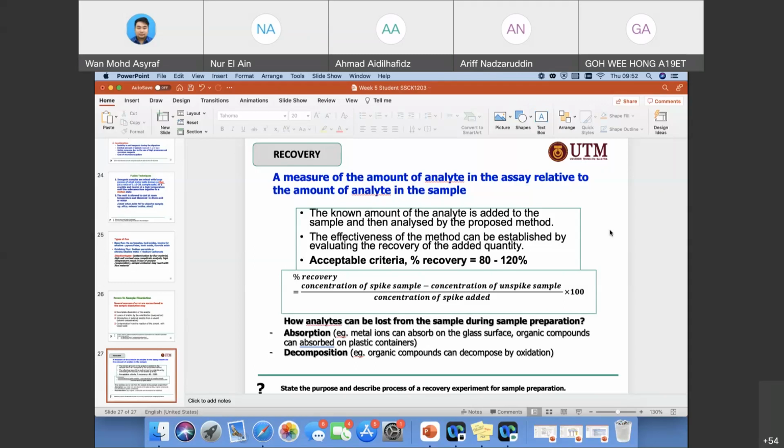When you spike, you get a much higher signal. Spike sample means you add a known concentration of analyte onto your sample when you want to measure your analyte later on.